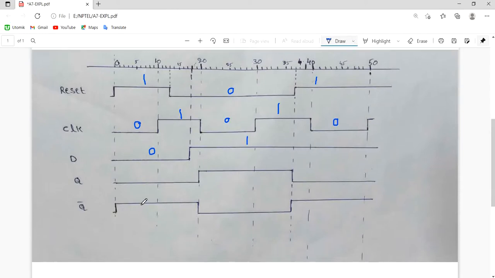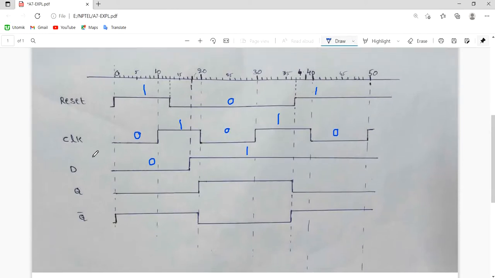Okay, then here we have the 3 inputs. By comparing these 3 inputs we get the output Q and Q bar. For reset we know that when reset is equal to 1, the output will be 0.